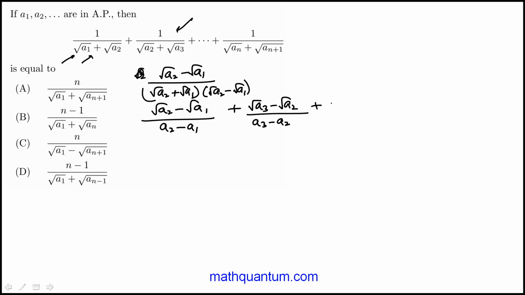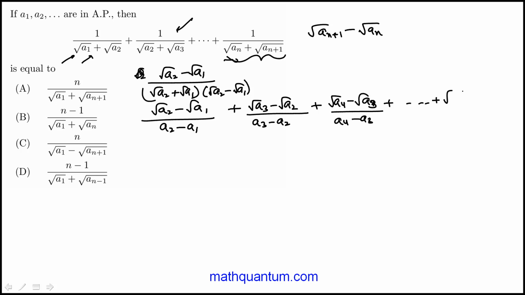And if we did the third one, it would be square root of a4 minus square root of a3 over a4 minus a3. And if we do it for the last one, where we'd multiply it by square root of a sub n plus 1 minus square root of a n, that would become square root of a sub n plus 1 minus square root of a sub n over a sub n plus 1 minus a n.